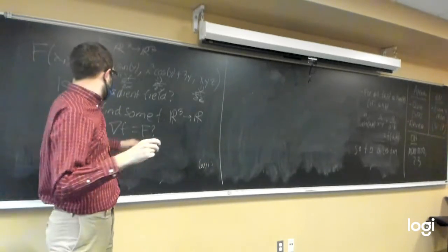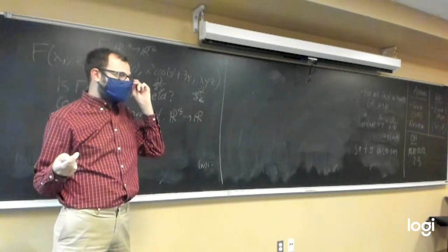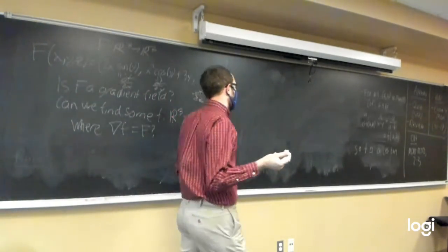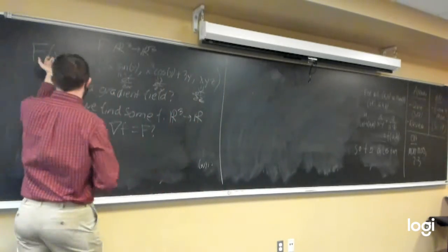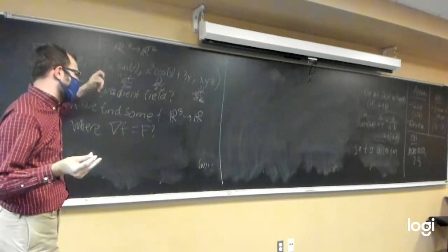And so if we integrate each of these pieces with respect to the appropriate variable, that should tell us something about the original function f. Little f, whose gradient would be our vector field capital F here. So let's see what happens if we do that.